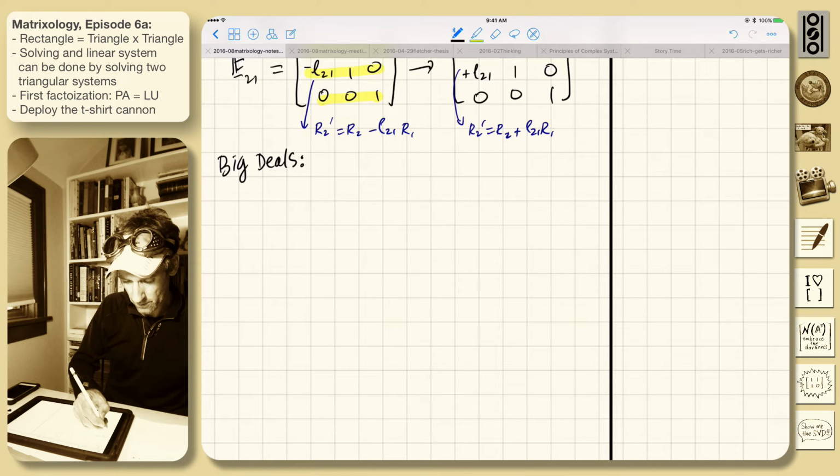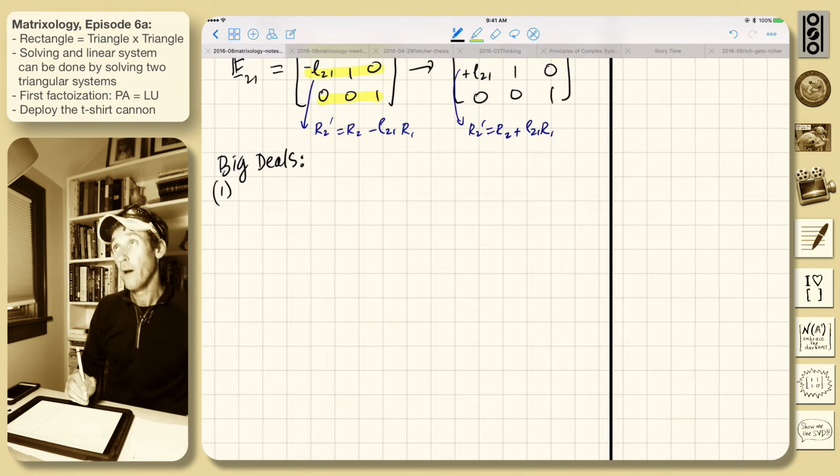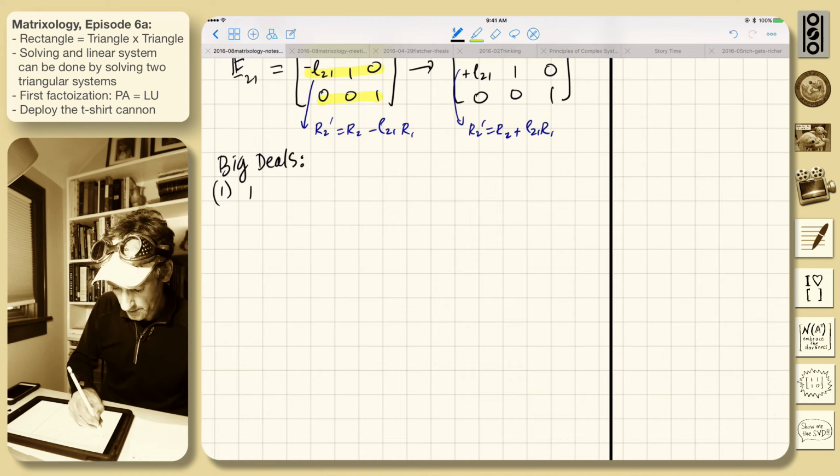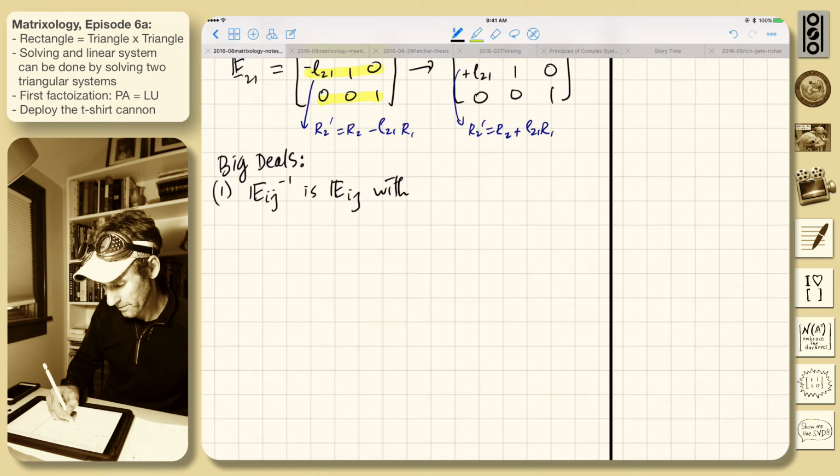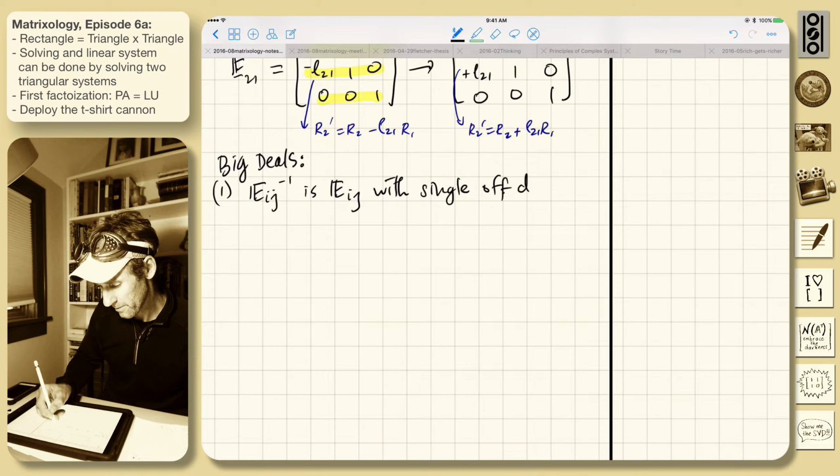So one, the E matrices, Eij inverse is Eij with the single off diagonal element flipped in sign, right? Very simple.